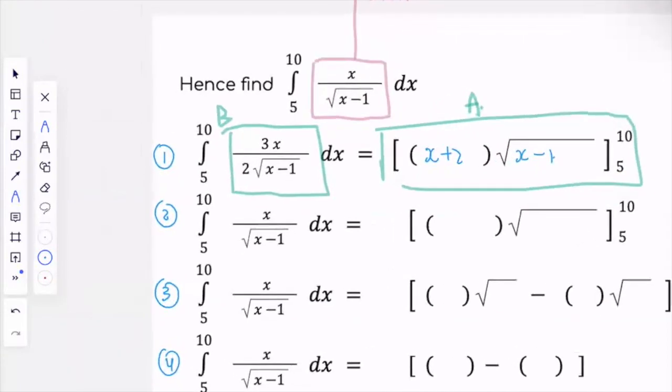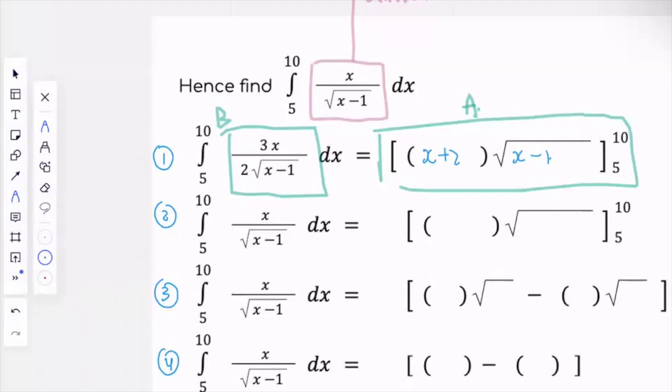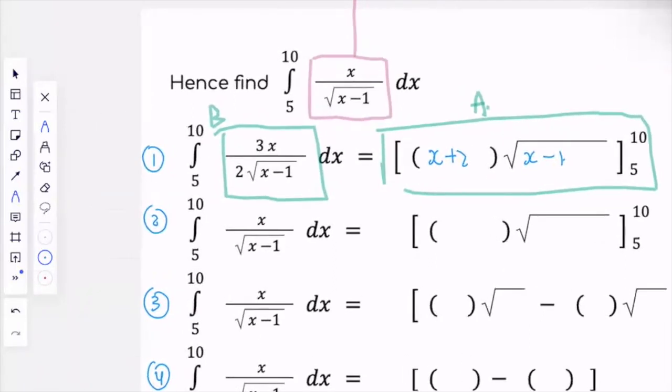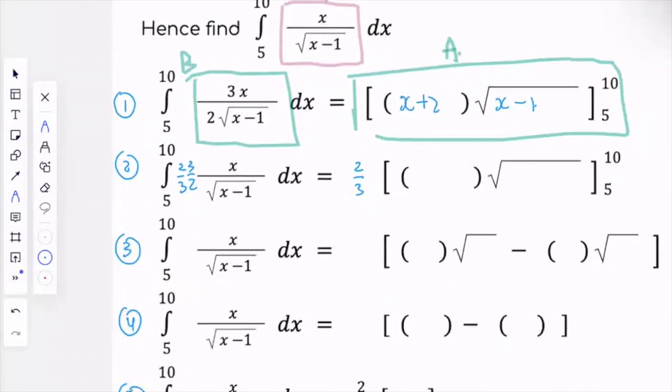The second step is, we change from step 1, we multiply by 2/3. Because this x over root x minus 1 is 2/3 times 3 over 2. So the right hand side also we must multiply by 2/3.